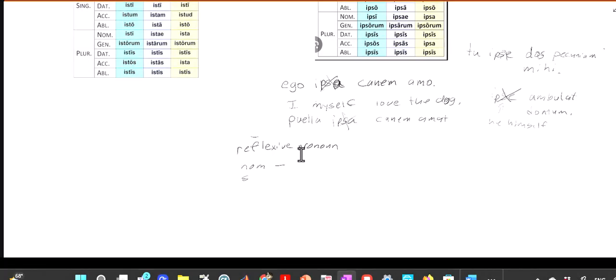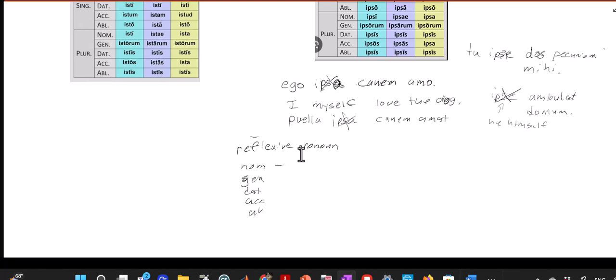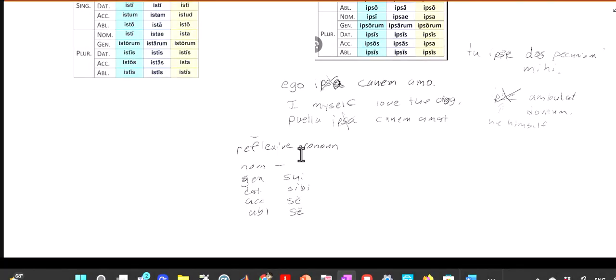It does not have a nominative form. It's sui in the genitive, sui sibi, se. So this means himself, herself, itself, themselves. It's both singular and plural. It is third person, but it's reflexive. So that means it has a very different meaning.